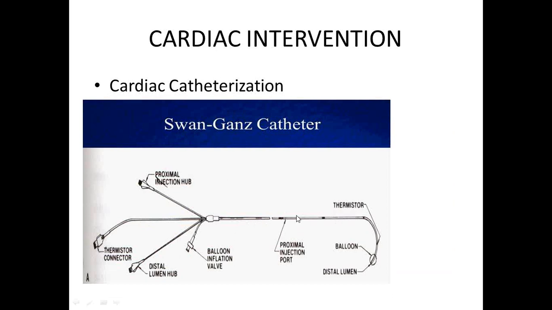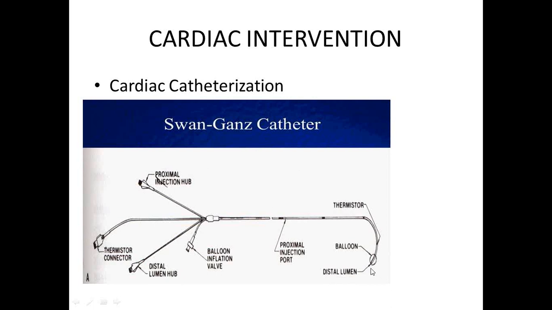Then this is what we call a thermistor. It's basically a thermostat, because we use this catheter to do what we call cardiac output. So you need a thermostat to do that.